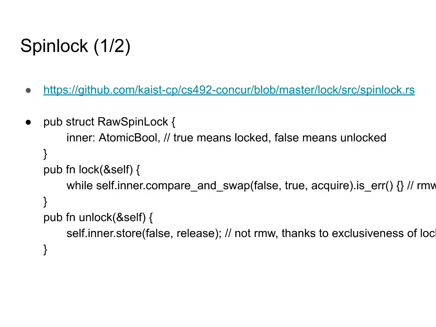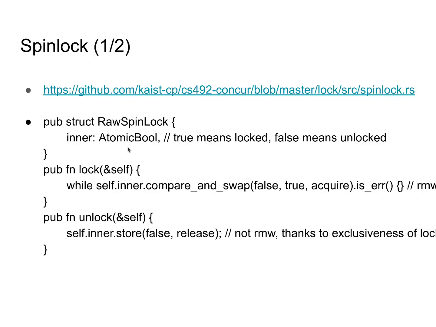A SpinLock is basically a Boolean value, and the Boolean value indicates whether the lock is locked or not. True means the SpinLock is locked, and false means that it is unlocked. Furthermore, this Boolean should be atomic because multiple threads are trying to acquire or release the lock at the same time.